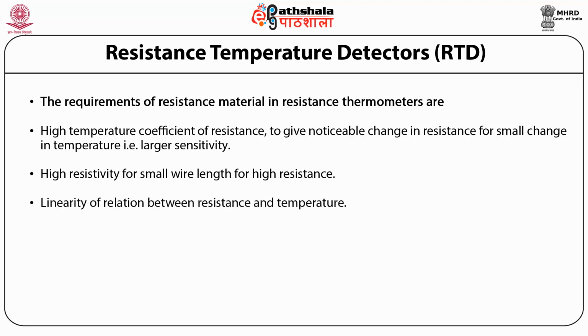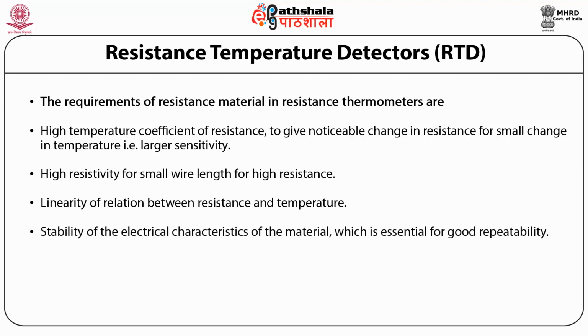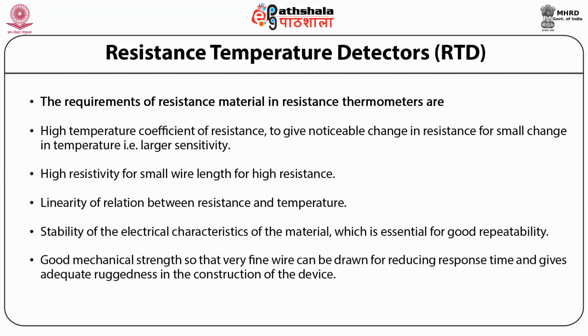Third, linearity of relation between resistance and temperature. Fourth, stability of electrical characteristics of the material, which is essential for good repeatability. And fifth, good mechanical strength so that very fine wires can be drawn for reducing response time and giving adequate ruggedness in the construction of the device.